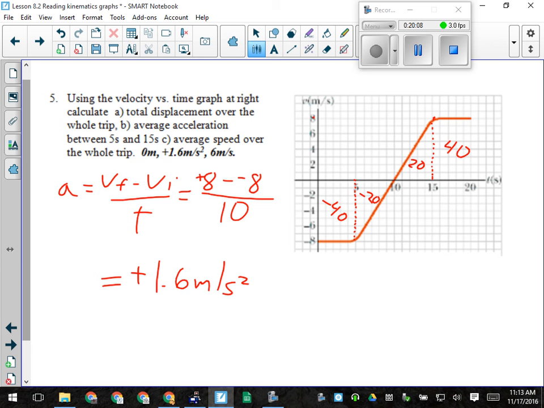So what do I need to do with these negatives? Not consider them. 40 plus 20 is 60, plus another 60 is 120. So the average speed is going to be 40 plus 20 plus 20 plus 40, which is 120 meters, over 20 seconds. Well, 120 over 20 is 6 meters per second.